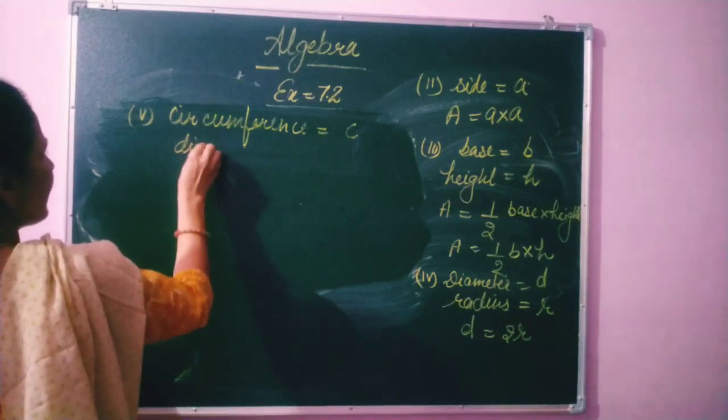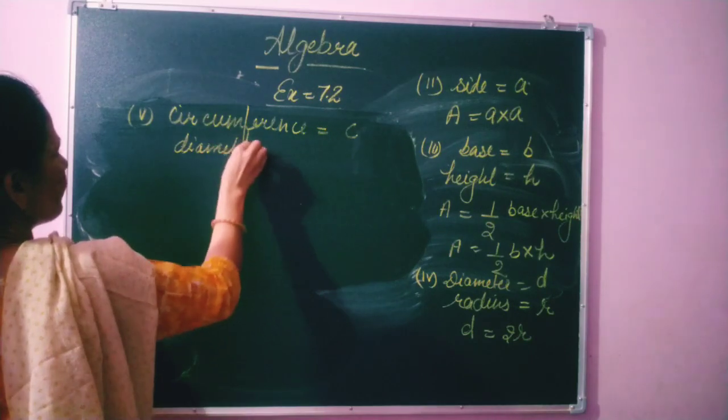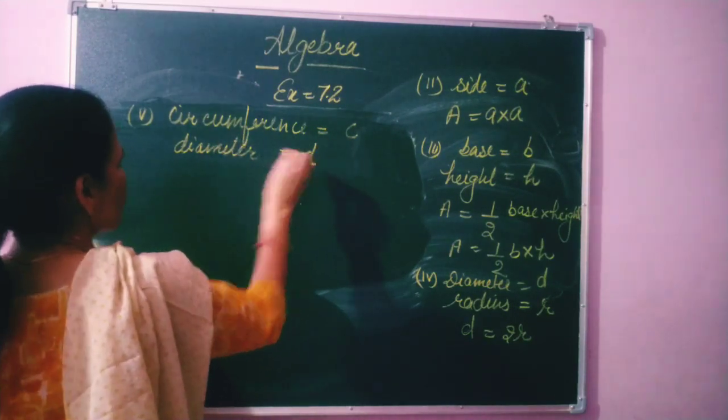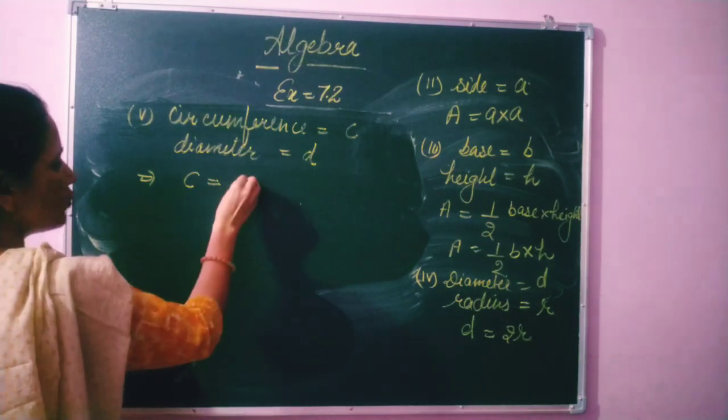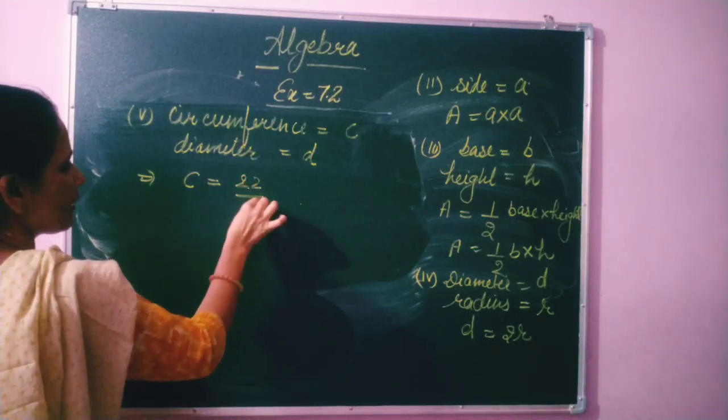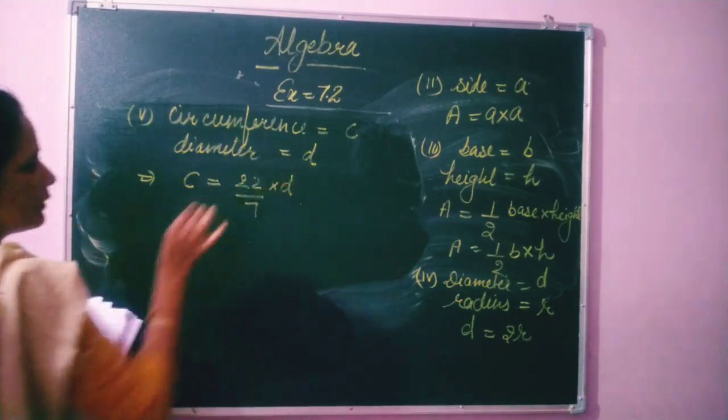As we know, diameter we denote with D. So to find the circumference, C equals 22 by 7 multiplied by D.